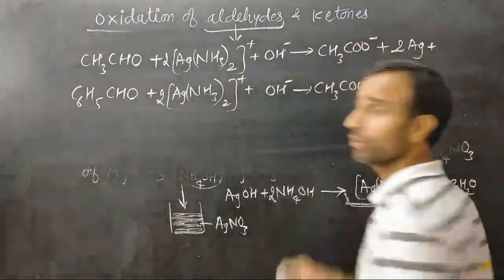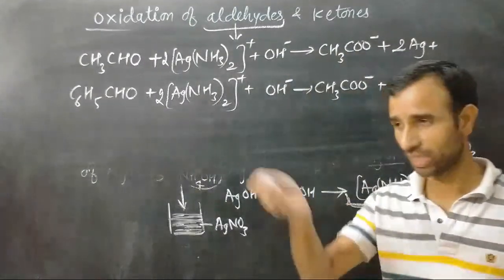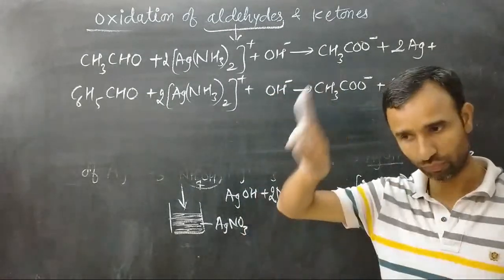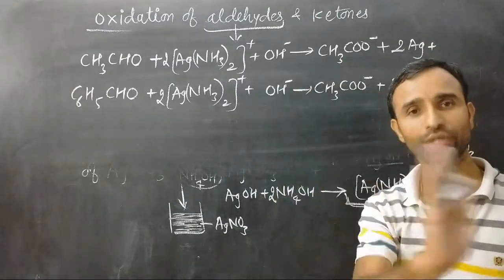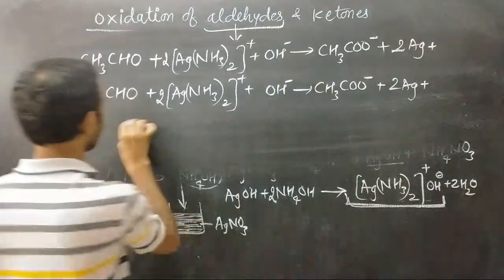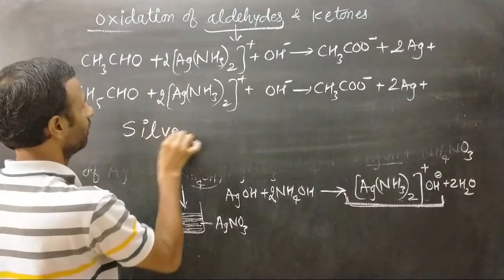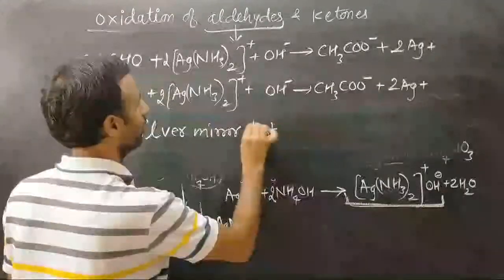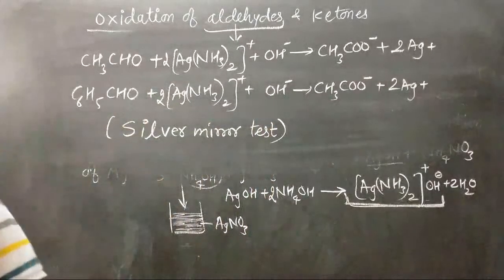If silver is uniformly layered on the glass wall, it forms a silver mirror, so this is also called the silver mirror test.